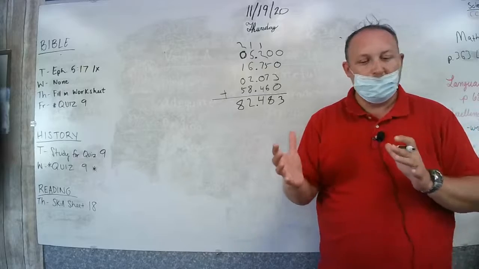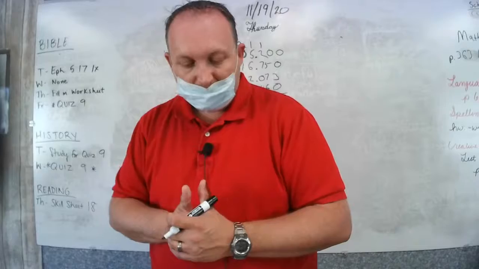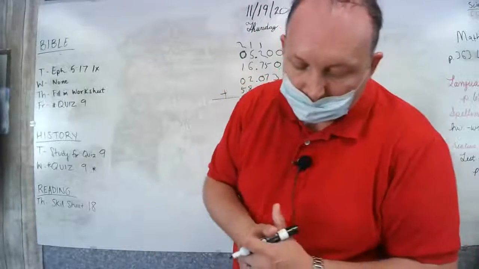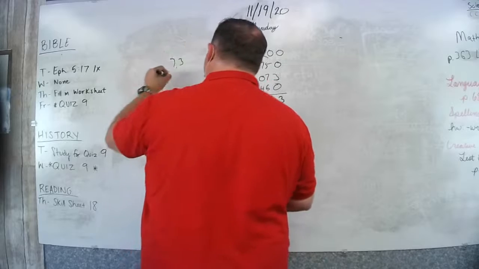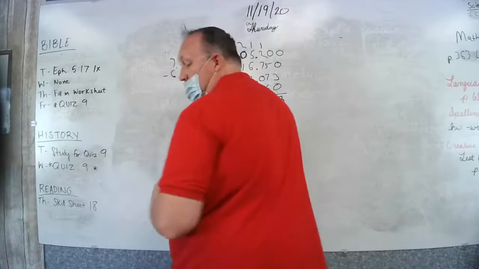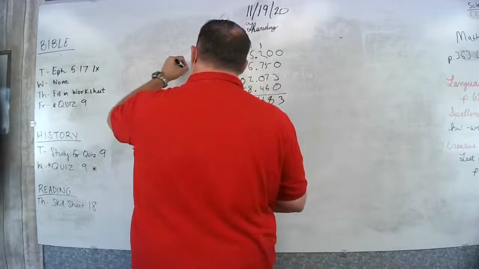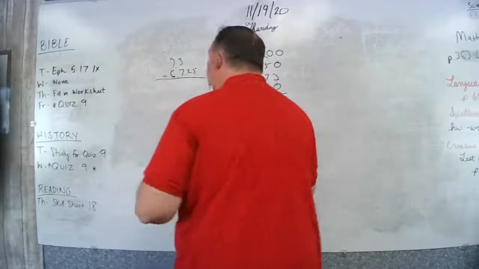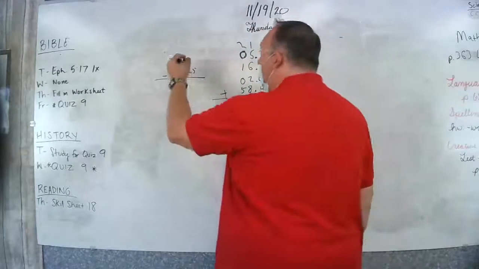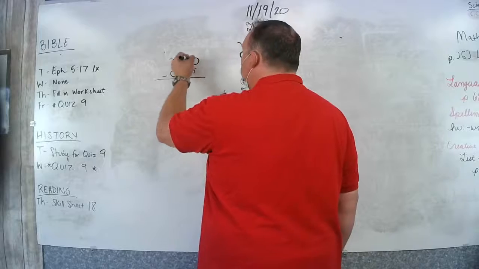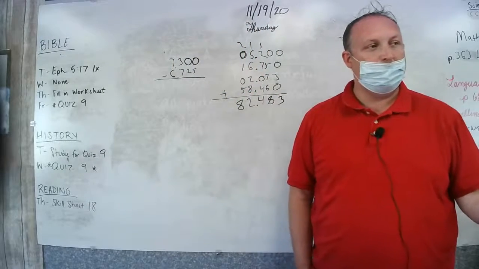The same thing goes with subtraction. Let's look at another problem with subtraction. We're going to do 7.3 and subtract 6.725. My decimals are lined up. I'm going to add in my zeros, and now I'm going to subtract like normal.